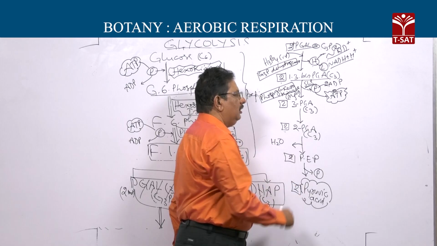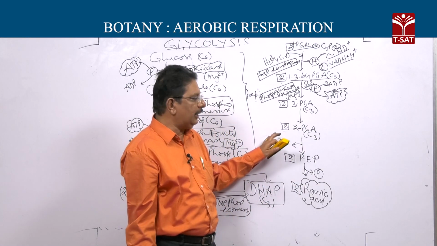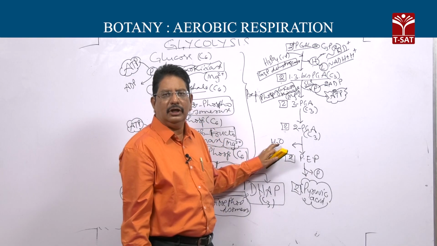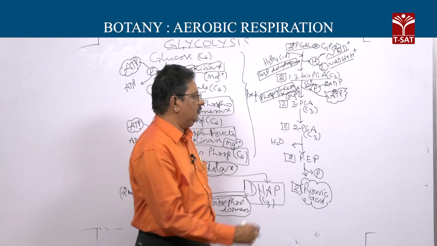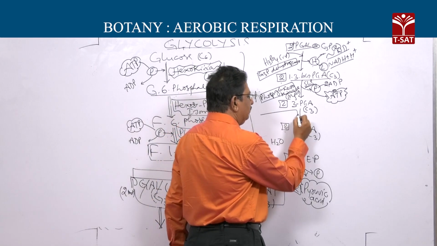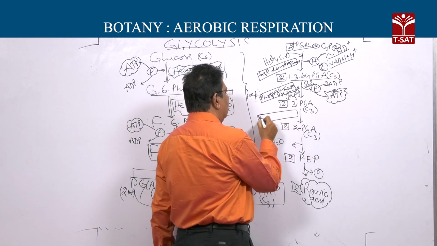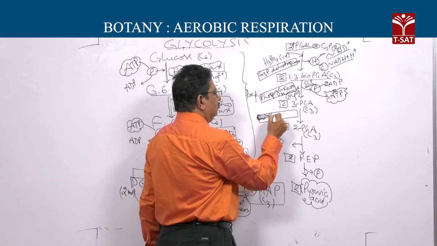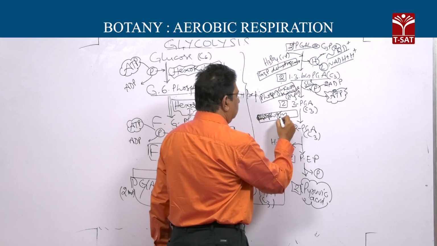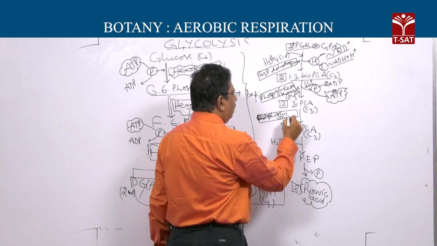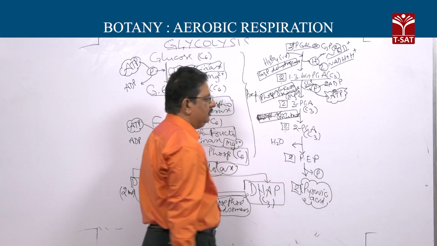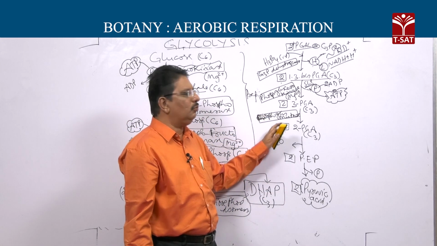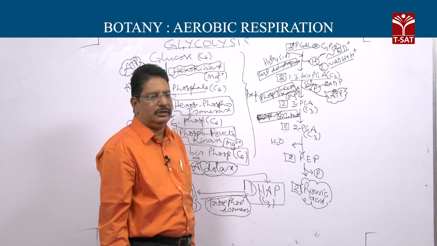So, intramolecular group transfer, otherwise called the frame shift, is catalyzed by an enzyme phosphoglyceromutase, where 3-PGA is converted into 2-PGA, a kind of isomerization.